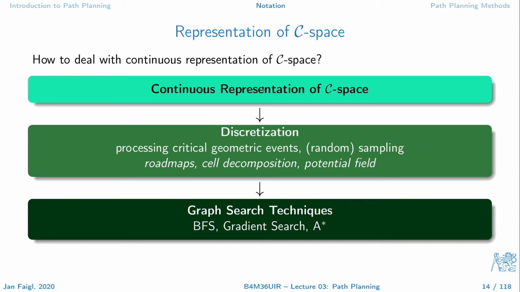So we will discretize it, and we will find the critical geometrical events using sampling methods or roadmap or cell decomposition. So we will discretize the C space, and when we have a discrete representation, we can represent the C space as a graph, and then we can apply any graph search technique, like breadth first search, gradient search, A-star, and so on.